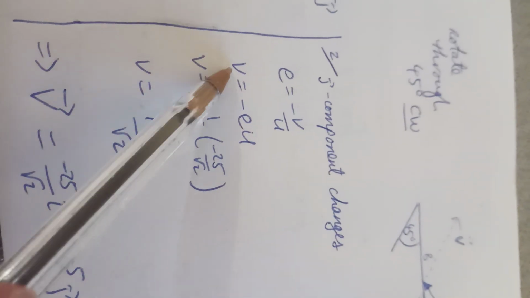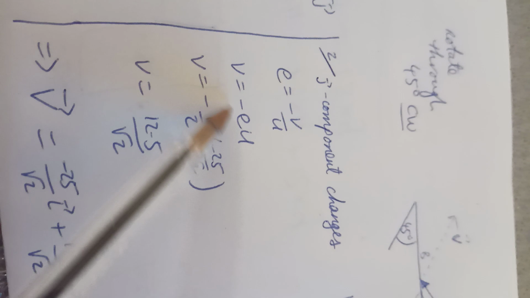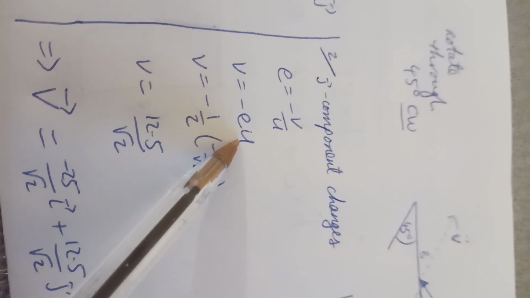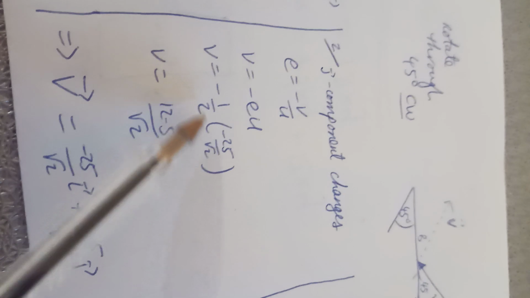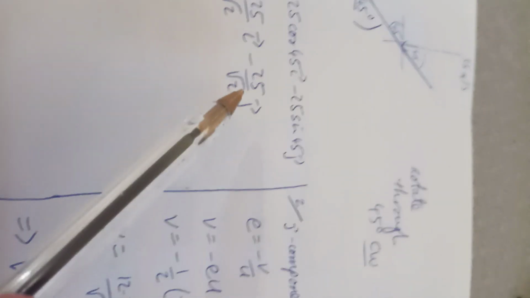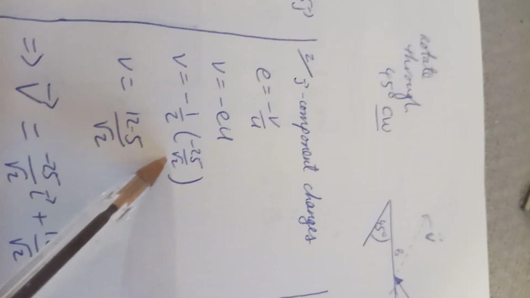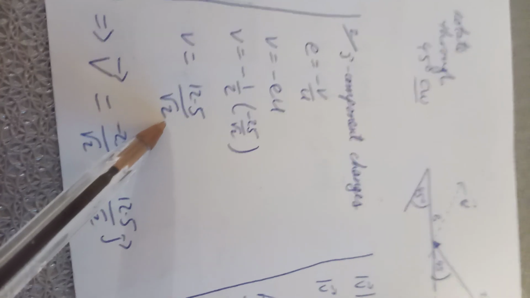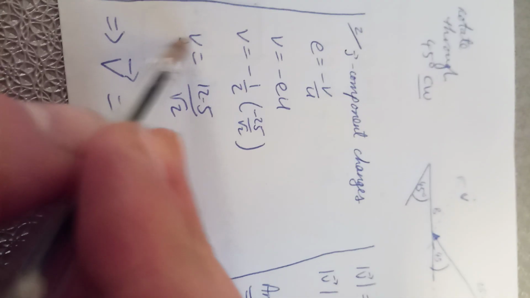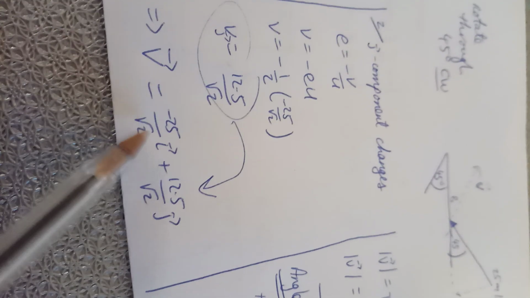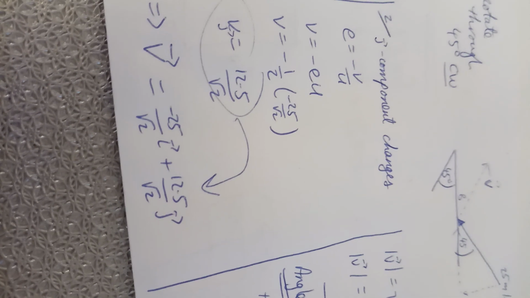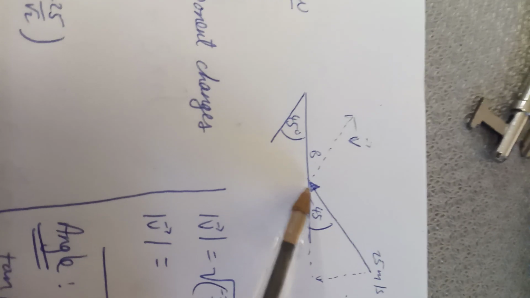Rearrange it to get the j velocity afterwards is minus e times the j velocity before it collides off the ground. So it's minus a half for the coefficient of restitution, and we put in the j component in there. That gives me the velocity in the j direction, and that goes in here. Remember that the velocity in the i direction stays the same. Okay, so that's my velocity vector after it impacts off the surface.